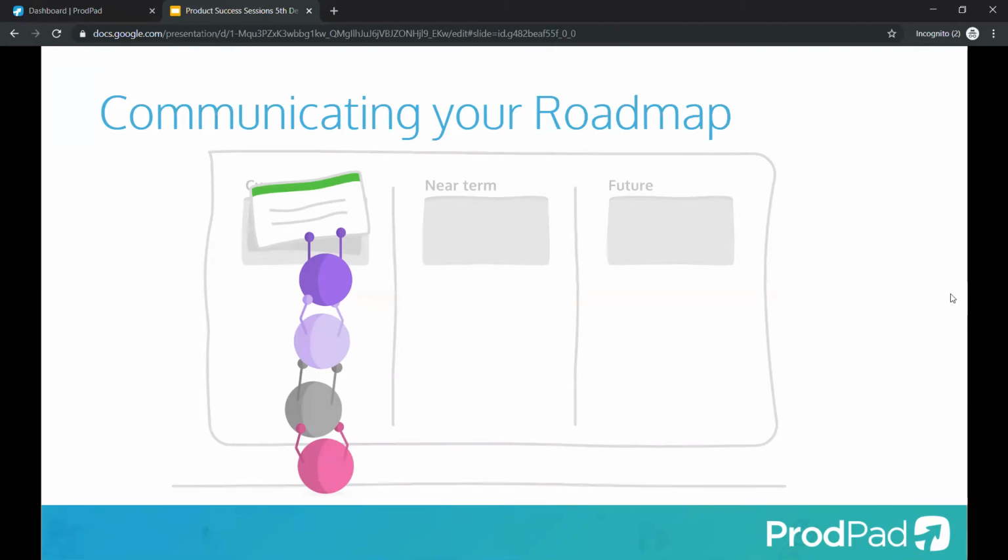I think the reason why this is so important is because it helps everyone within your business to work more effectively. Everyone then understands the direction of the product, what's the current focus, what's coming up next, so they can then communicate that to the external stakeholders that they are responsible for communicating with as well.